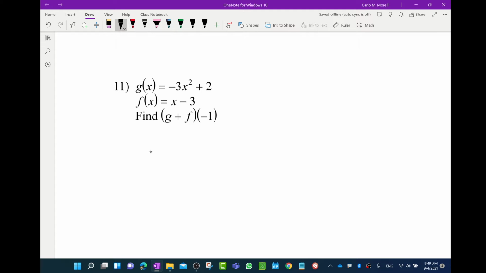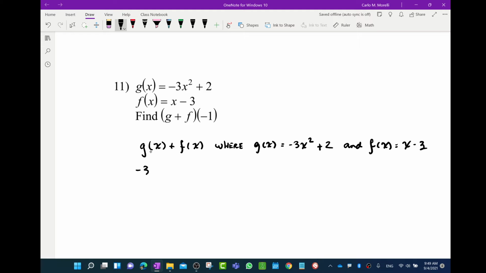So certainly, if the way that you've been taught to do g of x plus f of x, where g of x equals -3x squared plus 2, and f of x equals x minus 3, is to simply write down negative 3x squared plus 2 plus x minus 3, and then combine like terms, you would get negative 3x squared plus x minus 1.